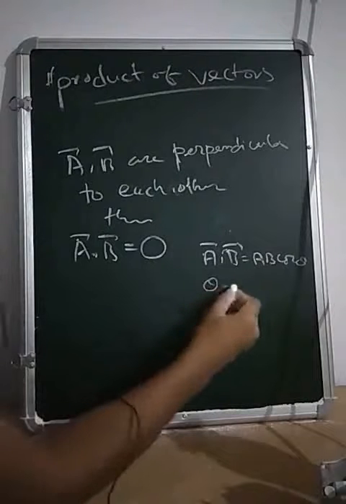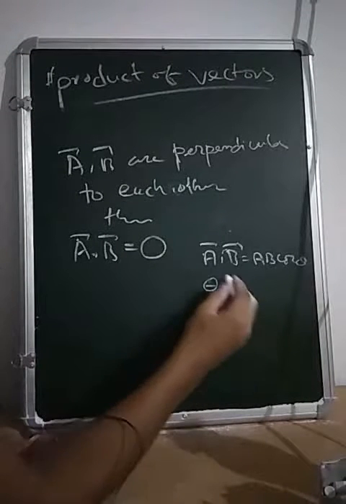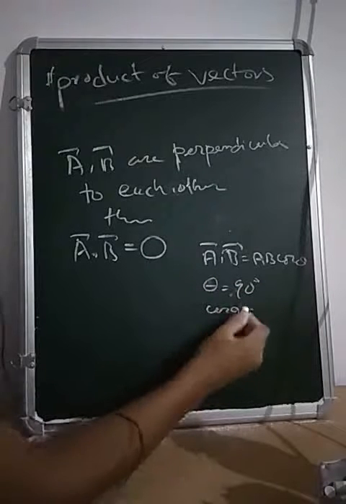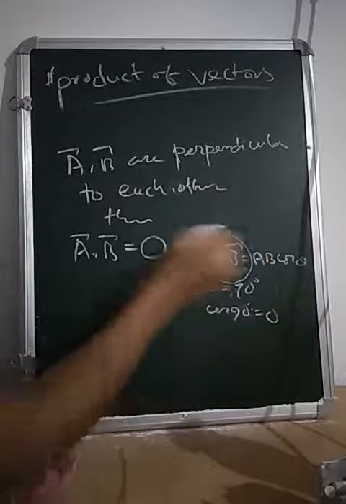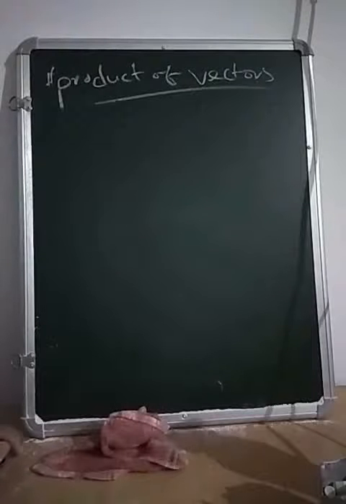If theta is 0 degree, it is cos 0 degree. Here theta is 90 degree, so cos 90 will be how much? 0. So the dot product of two perpendicular vectors is always 0. So these are certain properties regarding dot product. Okay.